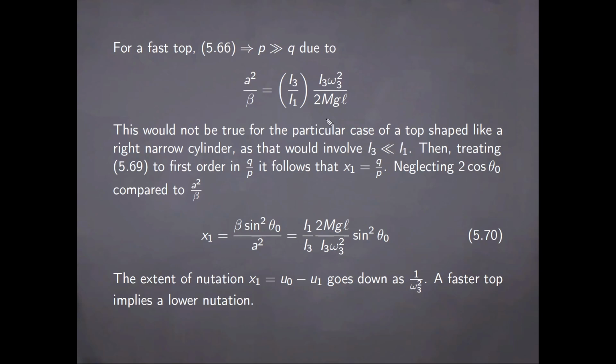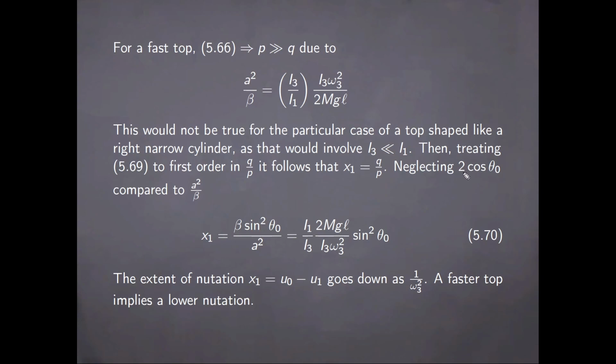In any case, if this holds, then we can treat the result 569 to first order in q over p, and it follows that the only available root is x1, which is equal specifically to q over p.